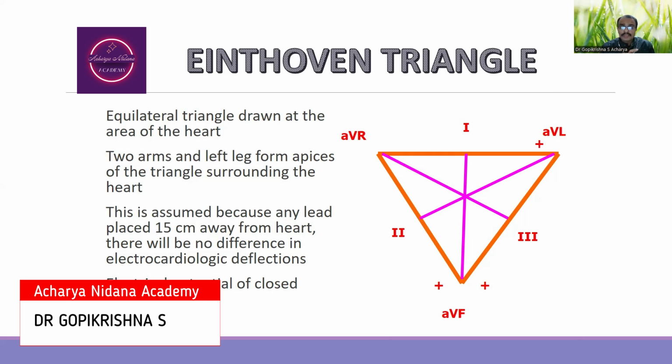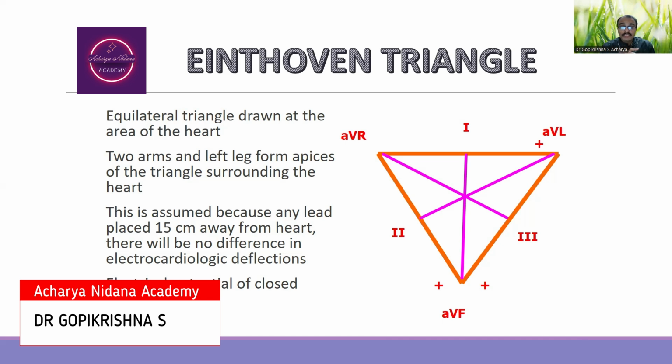That means when you are keeping the right arm and left leg electrodes, as they are present more than 15 centimeters from the heart, there will not be any electrical potential difference. Based on that, we can make an equilateral triangle.